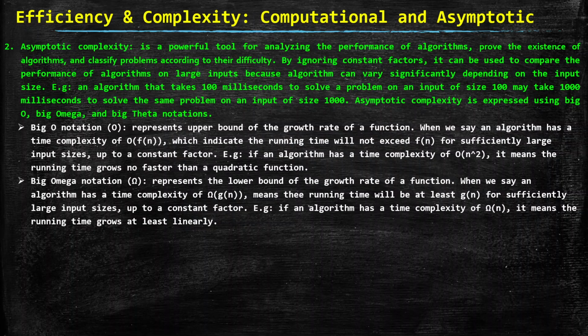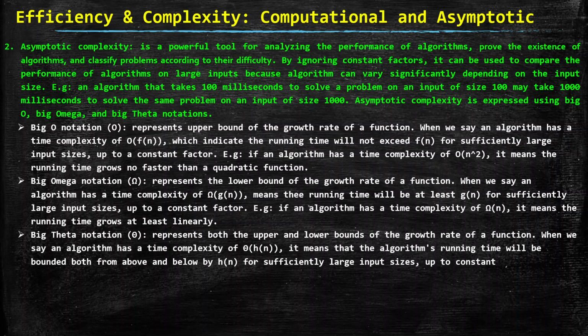For example, if an algorithm has a complexity of big omega of n, it means the running time grows at least linearly. Next is the big theta notation.